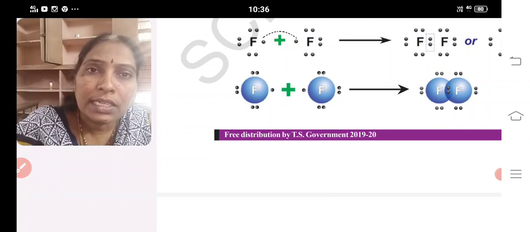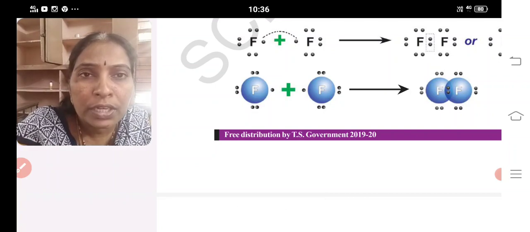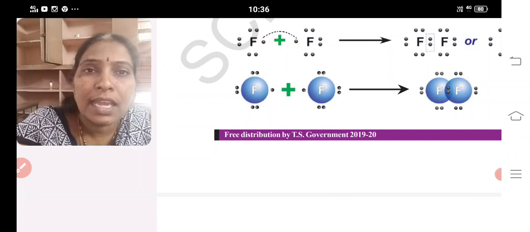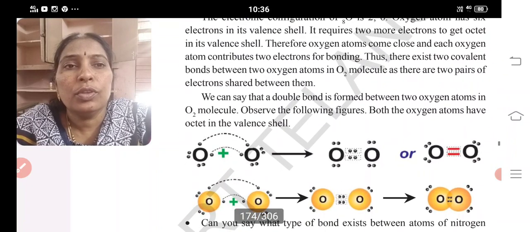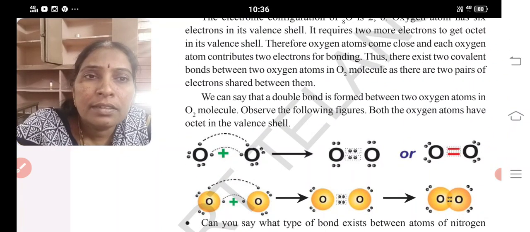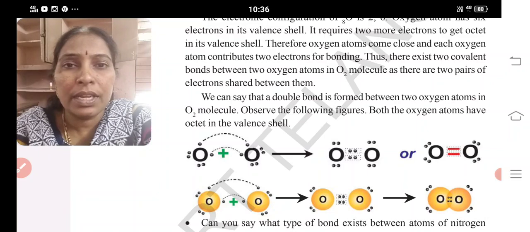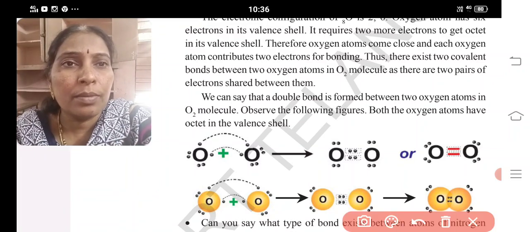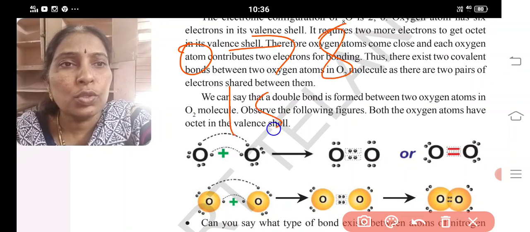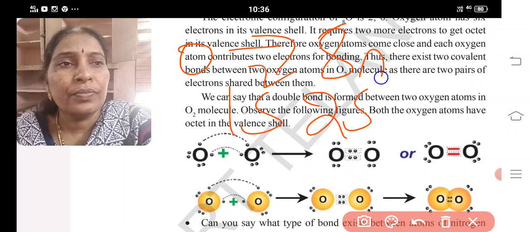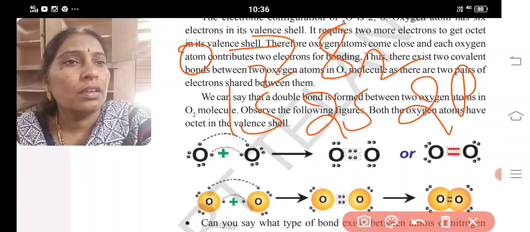If it shares 2 electrons, it is an example for a double bond. If it shares 3 electrons, it is an example for a triple bond. Formation of, you can see here, oxygen is sharing. Oxygen atomic number is 8. Its configuration is 1s2, 2s2, and 2p4.